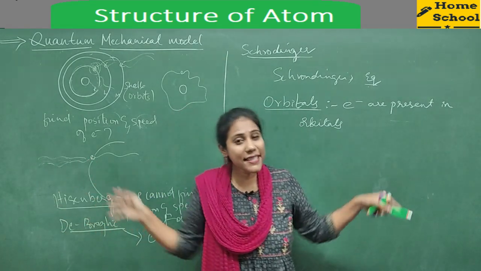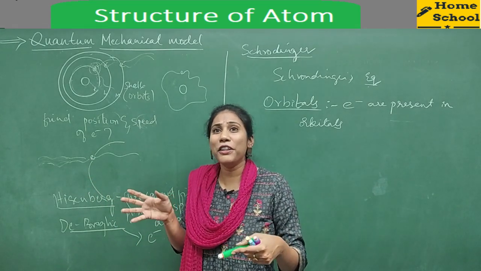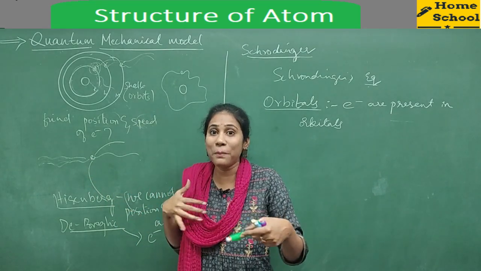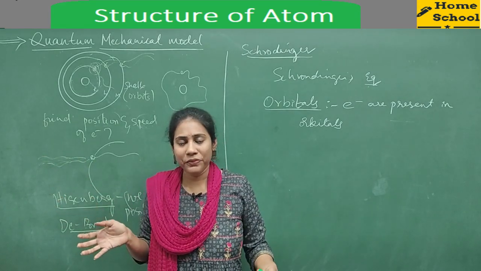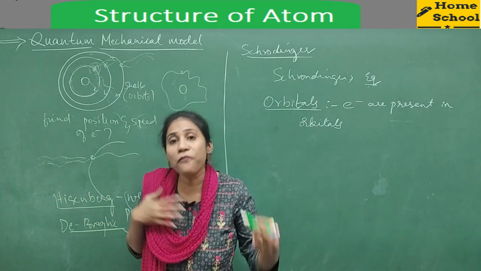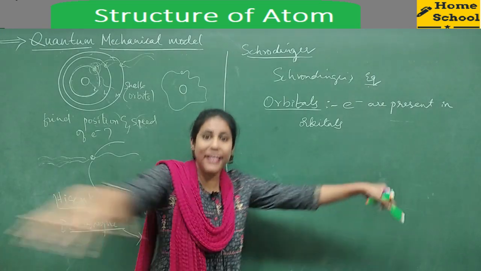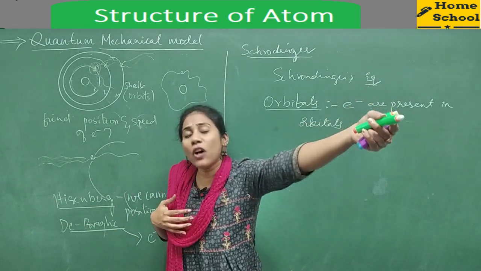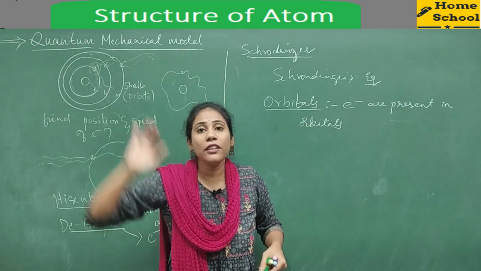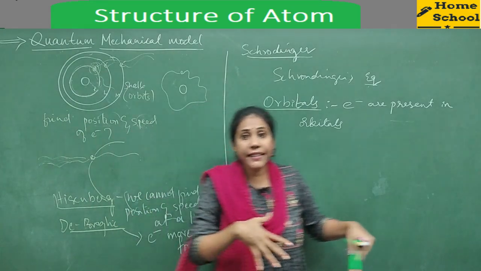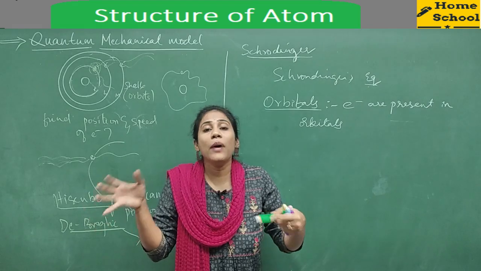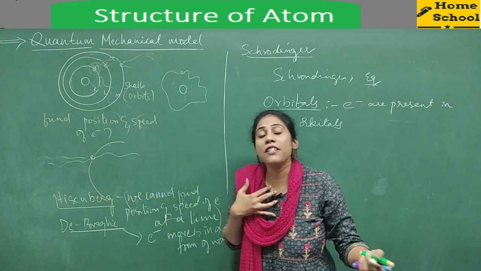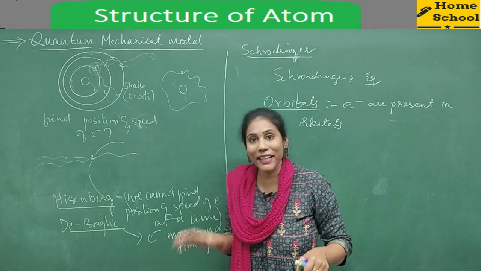This is the area where you have the maximum chance of finding me. Not in that corner of the room, not in this corner. Wherever the board is, only there you have maximum chances of finding me.